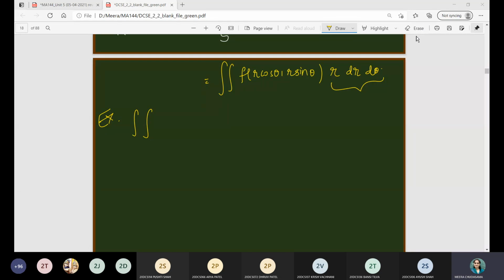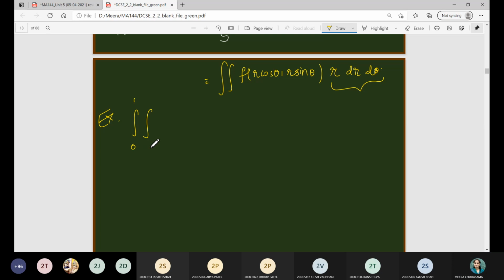First quadrant part of the circle. Which circle? Unit circle. Unit circle centered at origin. Yes.